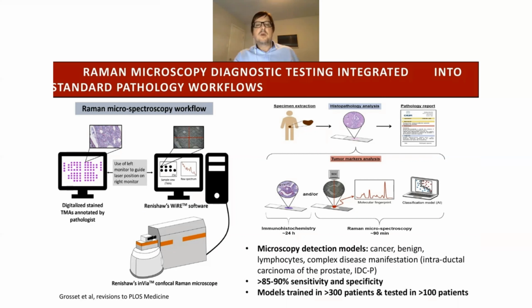And also the most interesting thing here was being able to detect a complex disease manifestation called intraductal carcinoma of the prostate. And these models were all trained in about 300 patients and tested independently in 100. So that is the whole workflow of our methods represented here with a large data set.